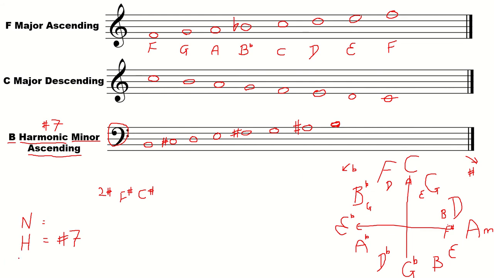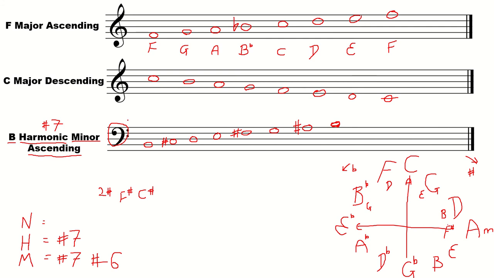And if it said melodic, which is the other type of minor scale that we look at, it means sharp 7 and sharp 6. So in that case, we would take this G sharp, which is the 6th note of the scale, and make a sharp symbol in front of that, giving us a B melodic minor ascending scale. But we want a B harmonic minor ascending, and that's what we got.